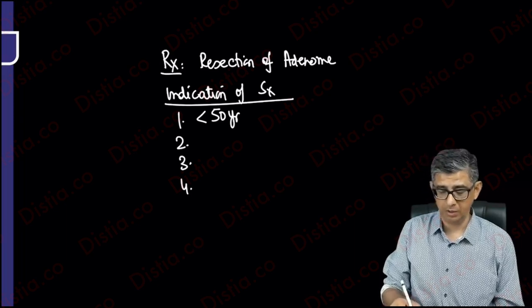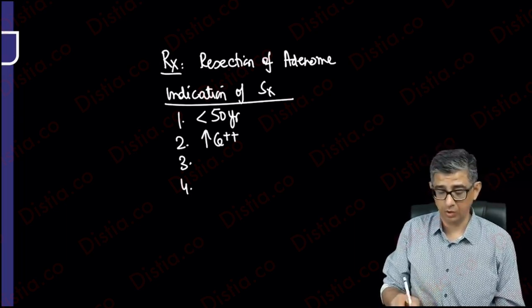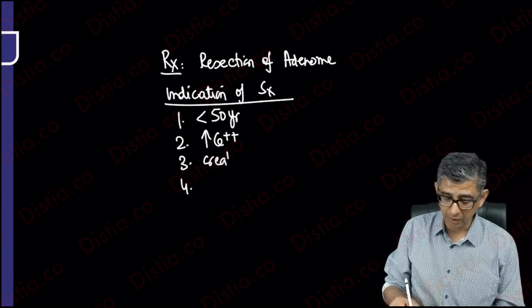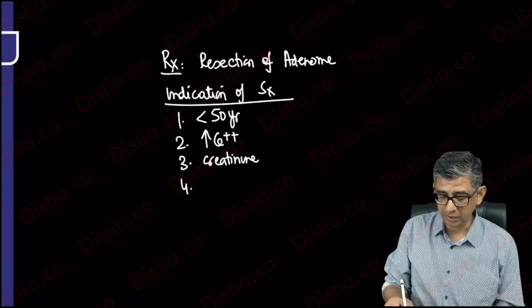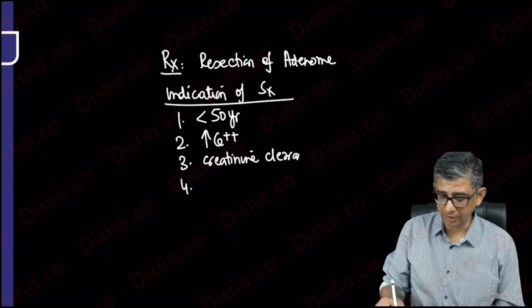But in a younger patient, if you're documenting an elevated calcium which is contributing to damage to the kidney, how do I know that damage to the kidney is there? I'll get an eGFR calculated or a creatinine clearance done.